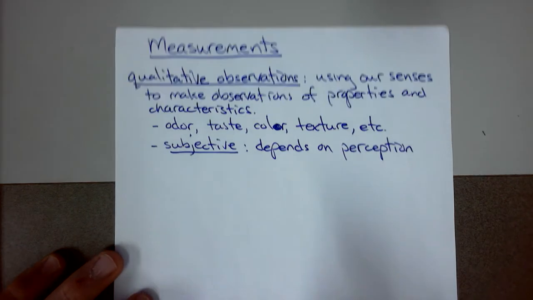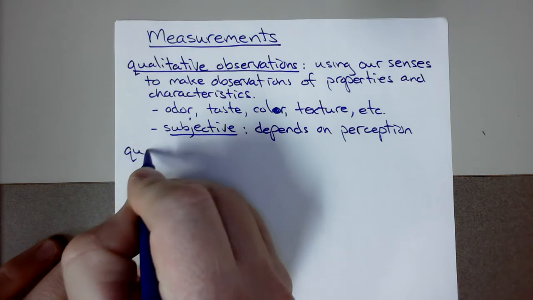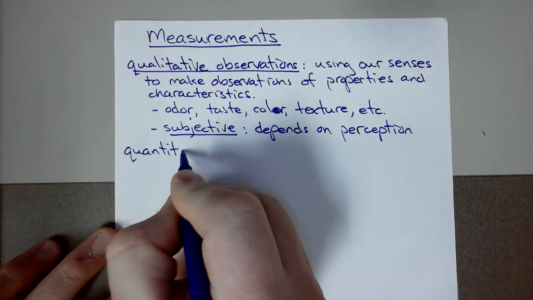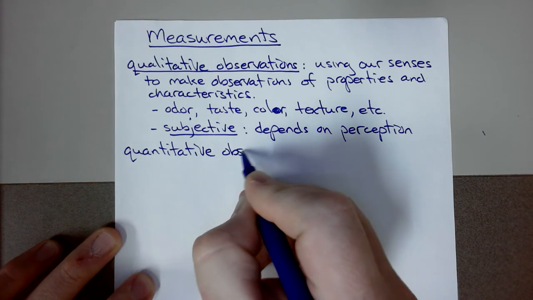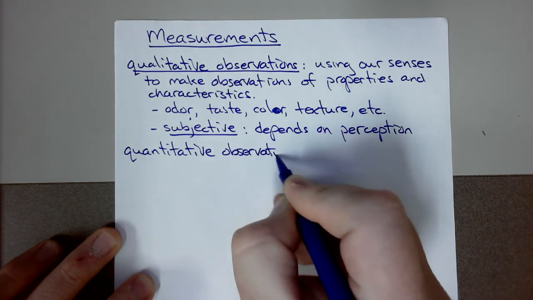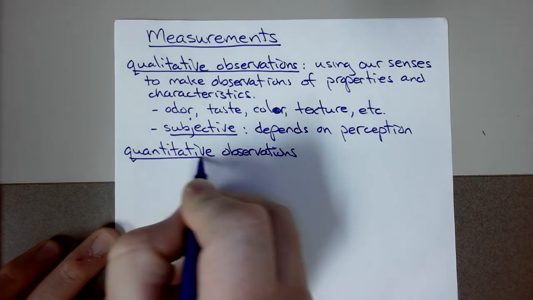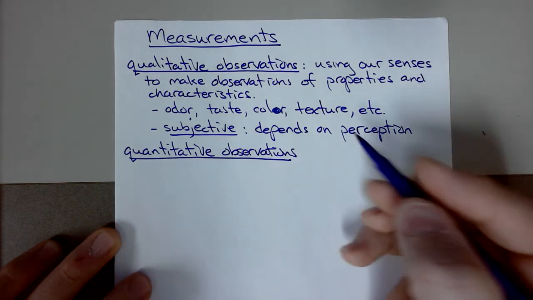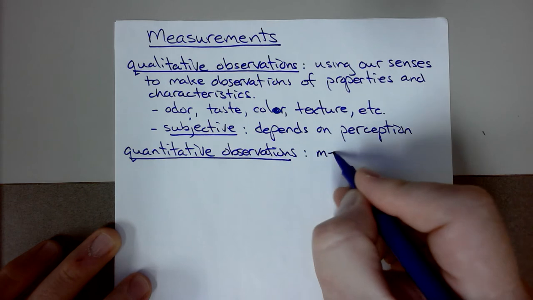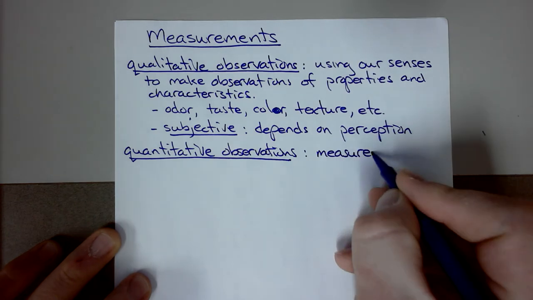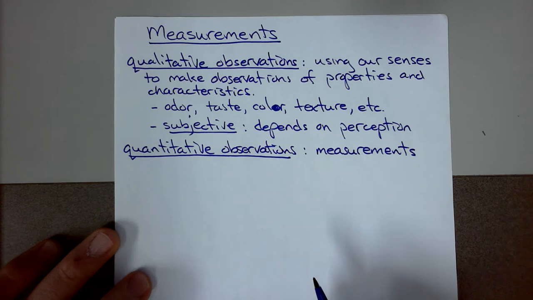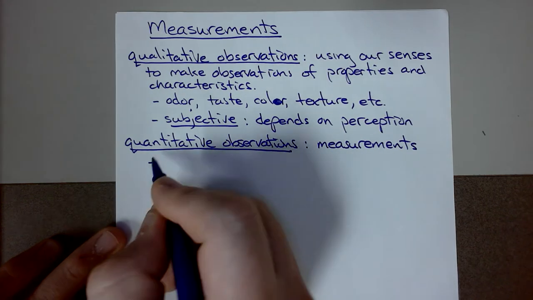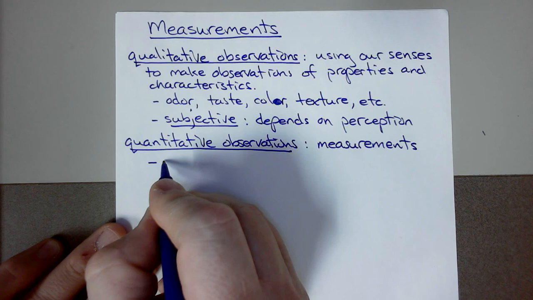The next one is quantitative observations. Quantitative observations depend on quantity, and we call those measurements. So quantitative observations are through measurements. Now, a measurement requires a number and a unit.